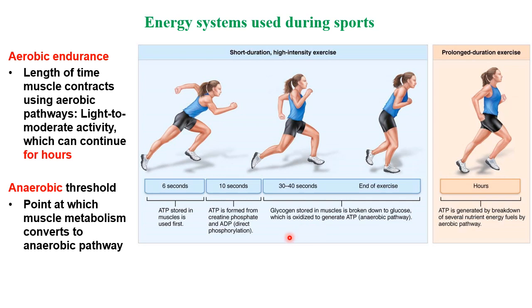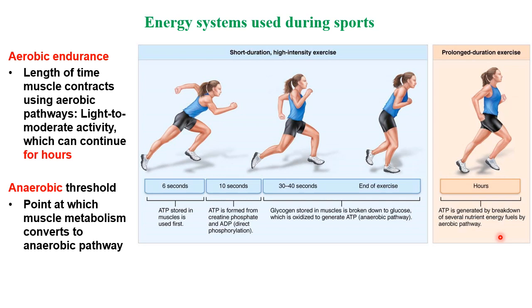So the muscle can cut little pieces of that glycogen that become glucose molecules and then use the glucose for anaerobic usage, right? Now the muscles that use this type of energy are fast acting, but they fatigue very quickly, okay, because they run out of energy very quickly, as you can see here, right?